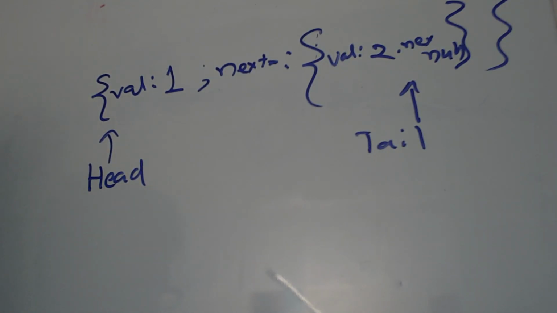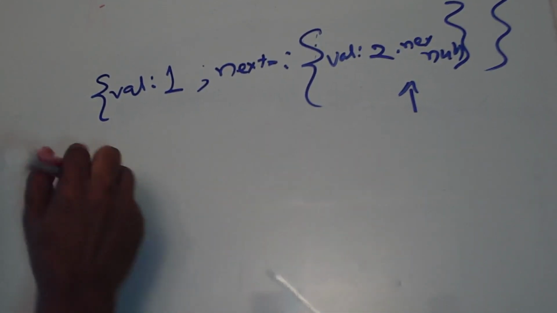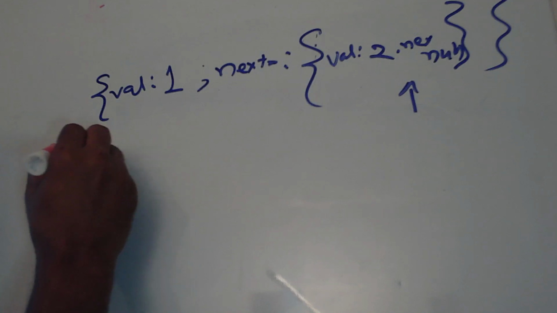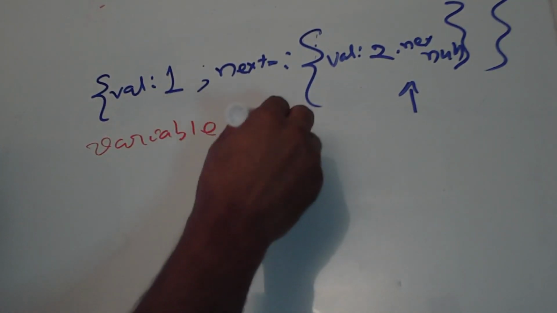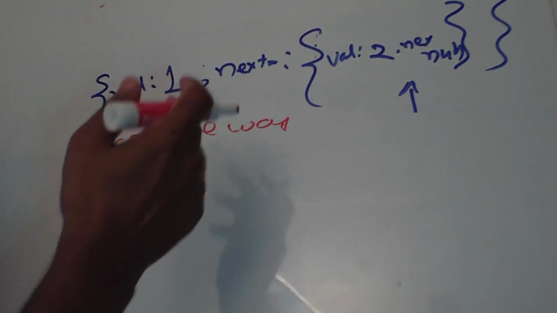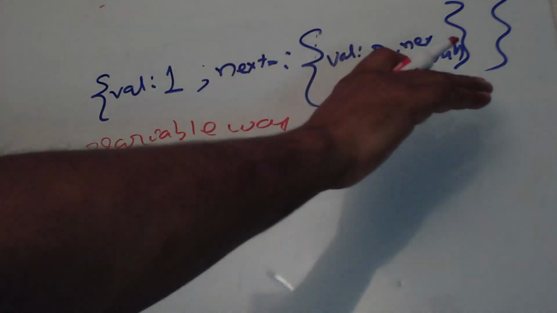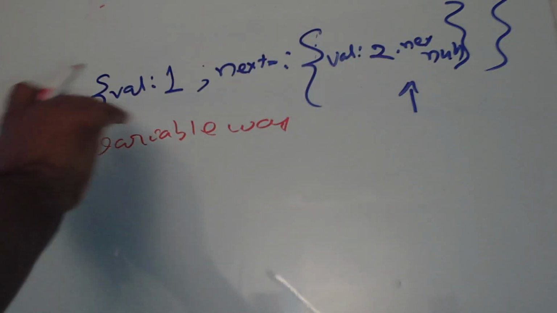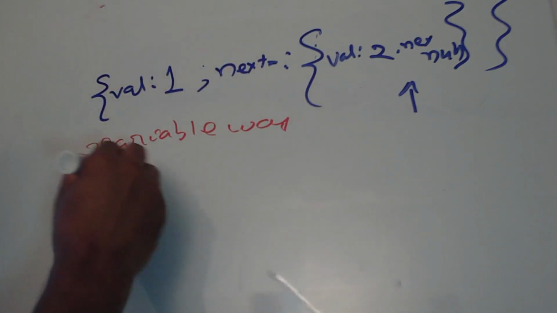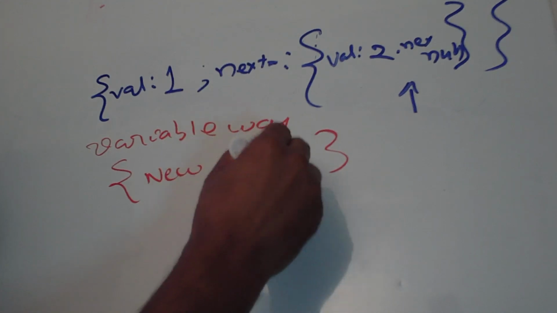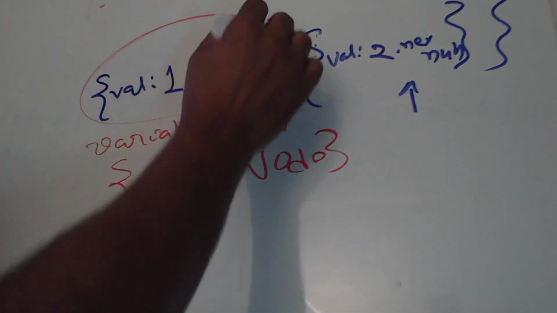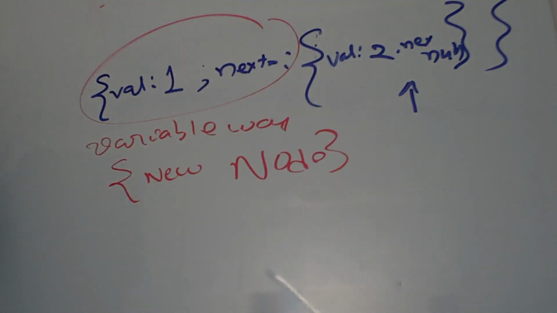Now in our case it says to reverse the linked list. To reverse the linked list, we can do it in two ways. One is the pure variable way: when we traverse through the linked list from left to right, for every element we're going to create a new node, a new object, and keep assigning values.